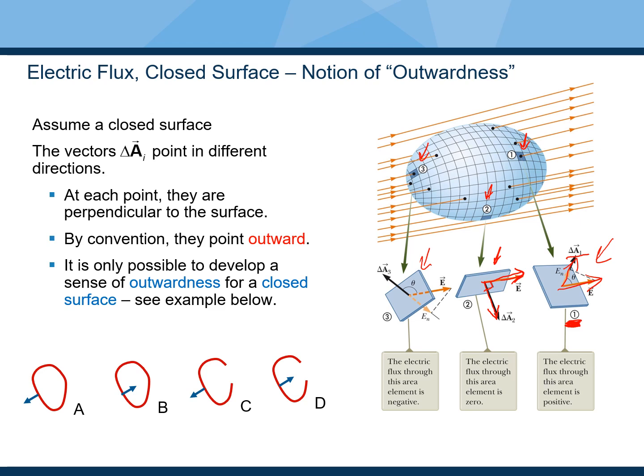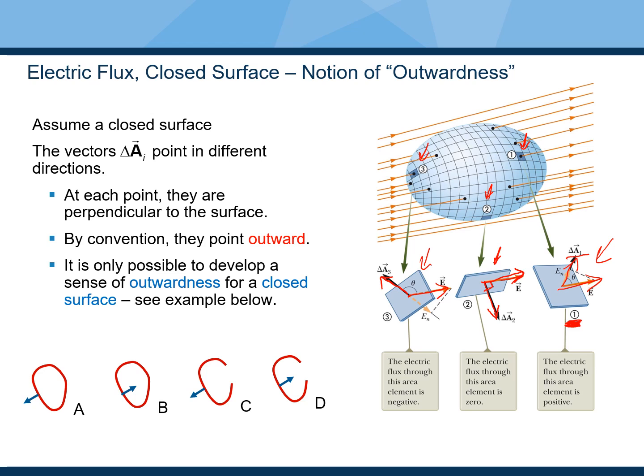Now what about the area A3, the third area that we identified? For that area, the outward pointing normal is in this direction. However, the electric field is still in this direction, and therefore cosine theta corresponds to the cosine of an obtuse angle, and the flux associated with that infinitesimal element is negative.